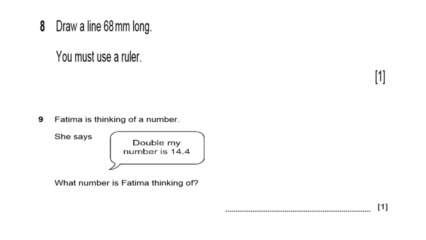Fatima draws a line that is 68 millimeters long. Let's remember that 68 millimeters is 6.8 centimeters. So on your ruler, make sure you're using the centimeters and not the millimeters.